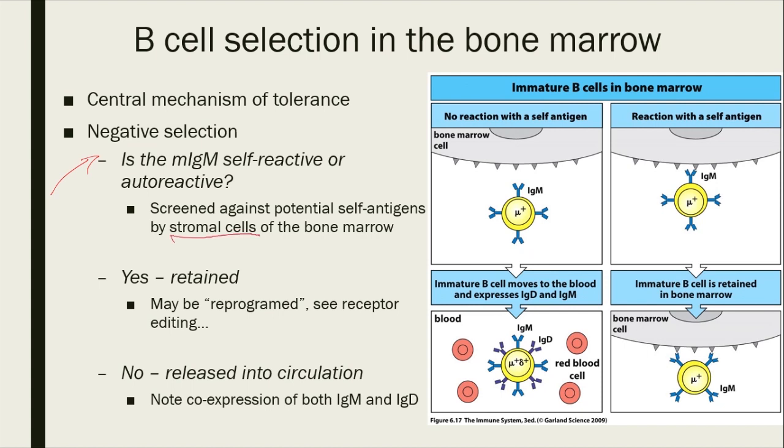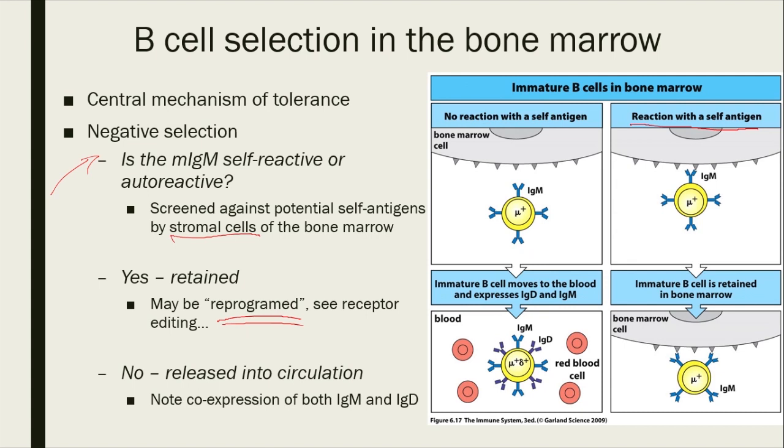Stromal cells are connective tissue cells that are represented in many places. Here we are in the bone marrow. Now, if it is reacting with the self-antigens, those cells don't get to leave. They will be retained. Now, they may be reprogrammed. We can correct them, in a sense. We'll talk about it later.